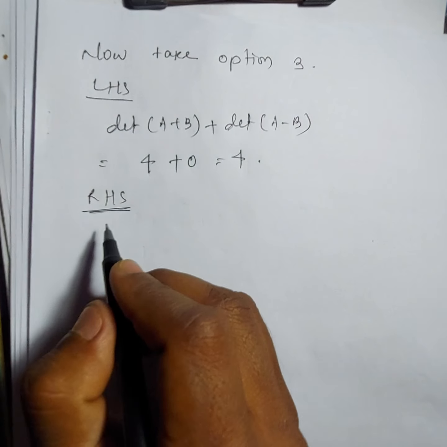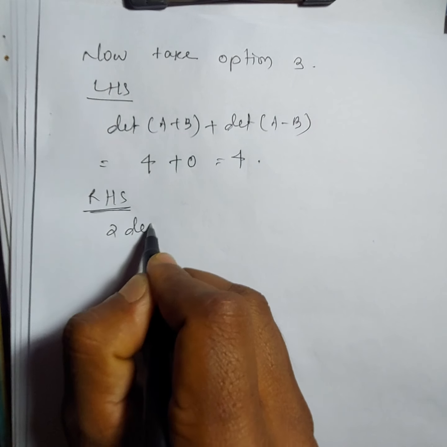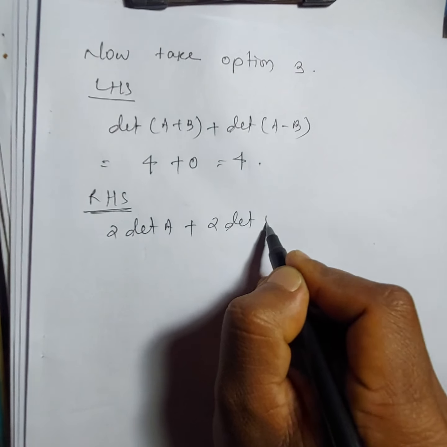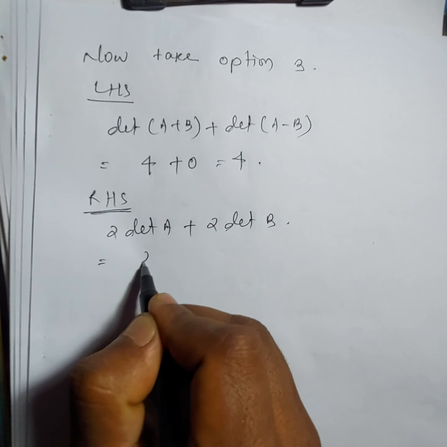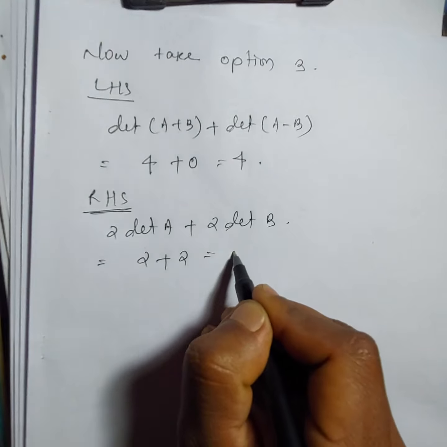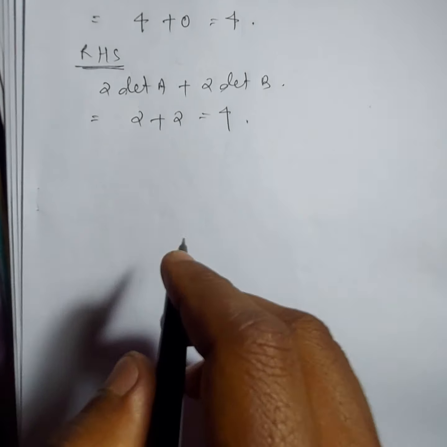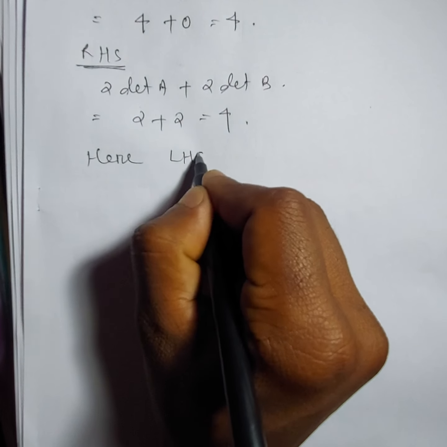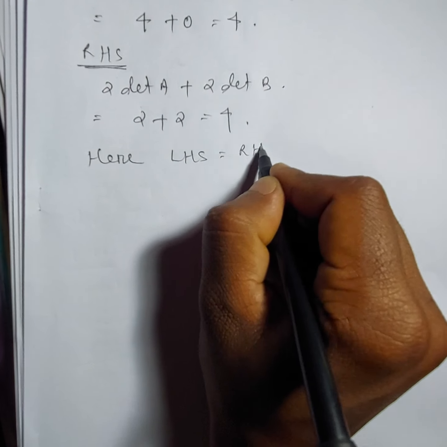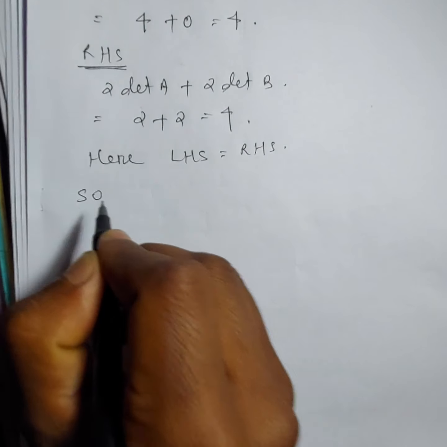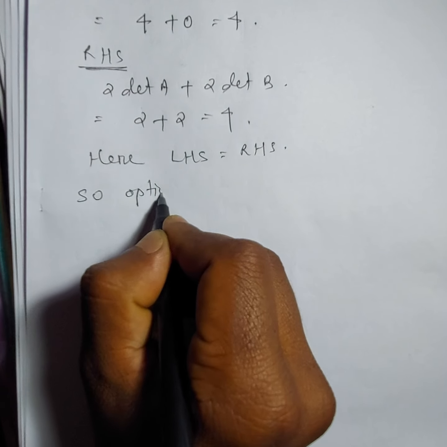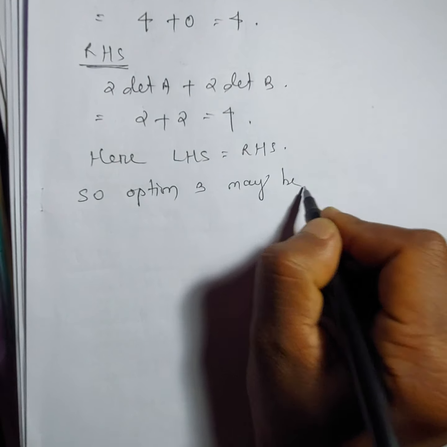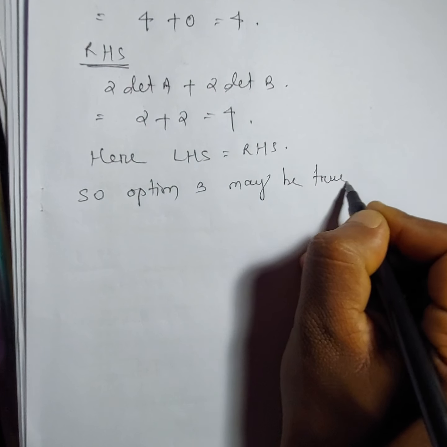RHS: 2 into determinant of A plus 2 into determinant of B, this is equal to 2 plus 2 is equal to 4. Here LHS is equal to RHS. So option 3 may be true.